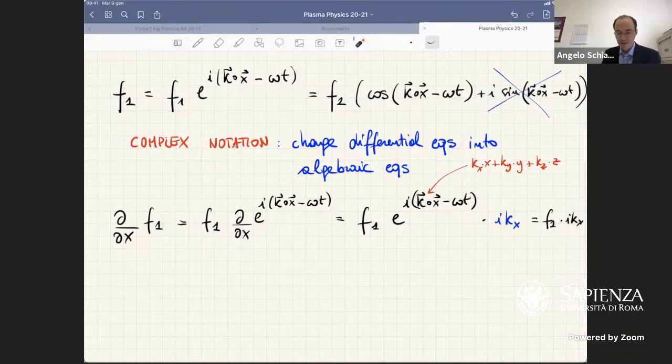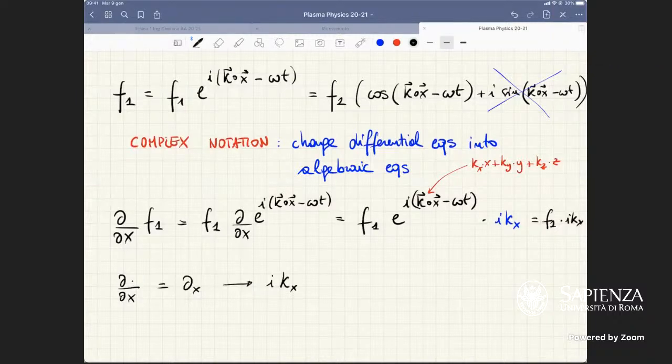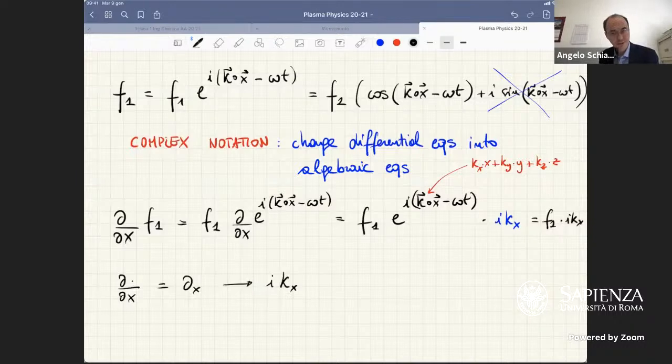So we can substitute the differential operator, the derivative with respect to x, which in short notation is dx, with multiplication by the factor i kx. Are there any questions? No? Okay.